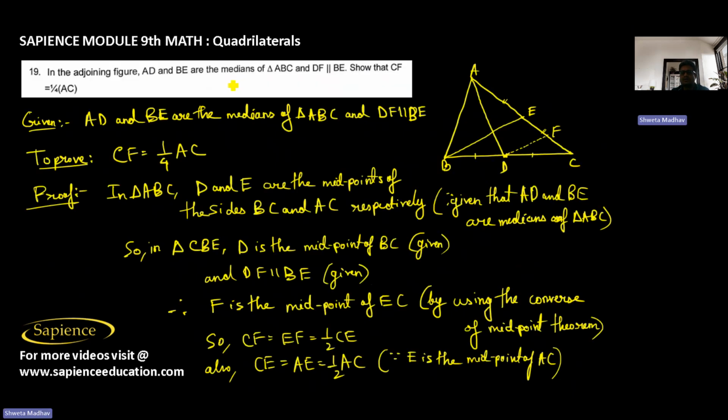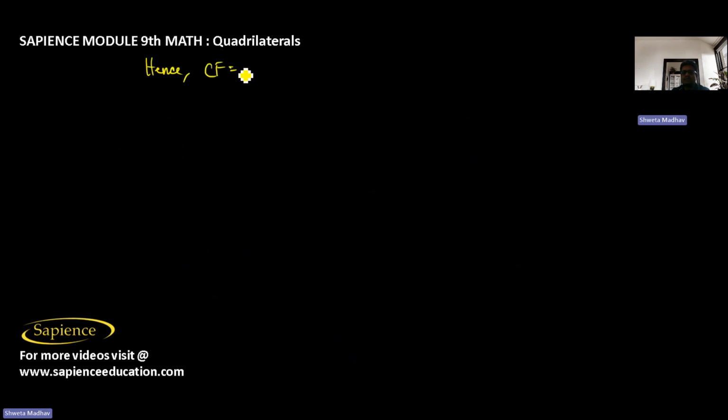So hence you can say that CF is equal to half of CE, since CE is again half of AC, which is equal to 1/4 of AC. So CF is equal to 1/4 of AC. So hence proved.